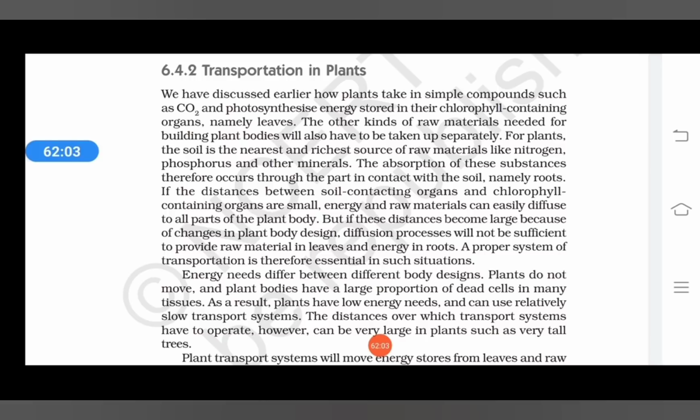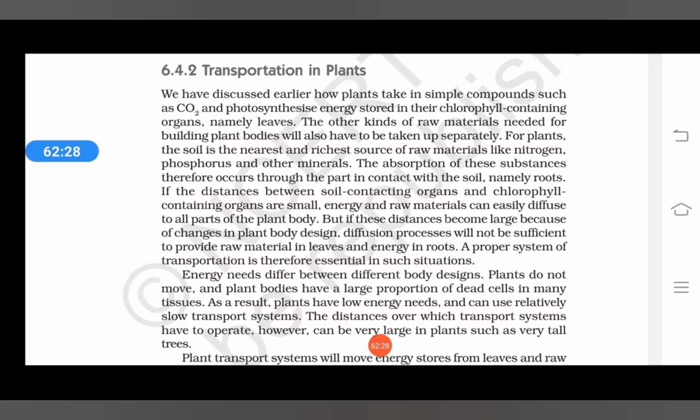The next one, the absorption of these substances therefore occurs through the part in contact with the soil, namely roots. If the distances between soil contacting organs and chlorophyll containing organs are small, energy and raw materials can easily diffuse to all parts of the plant body.